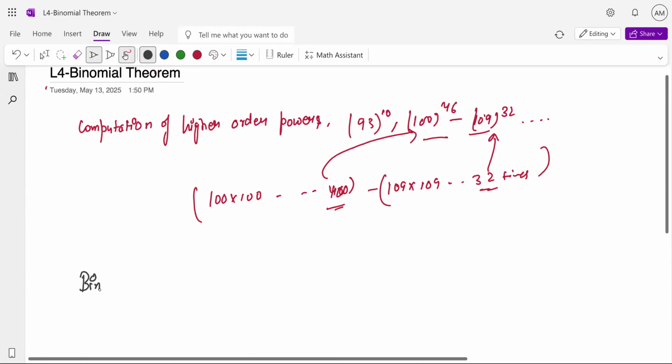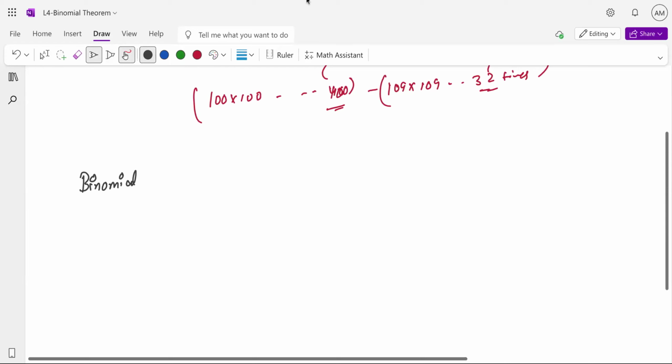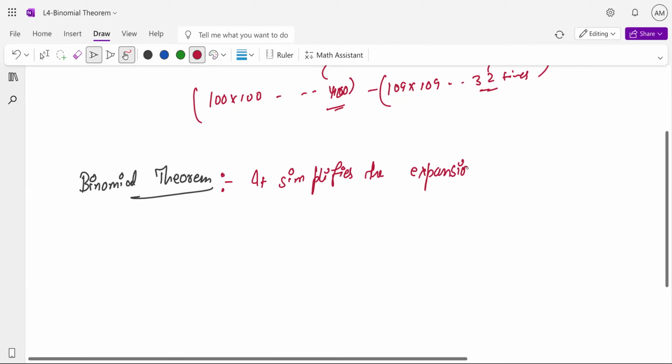Binomial theorem. What this theorem does is it simplifies the expansion of a plus b to the power n, where n is some integer.